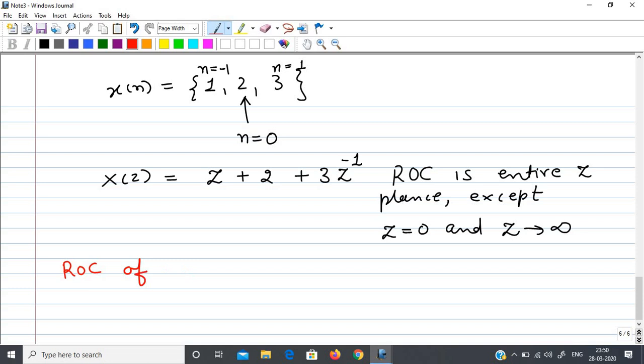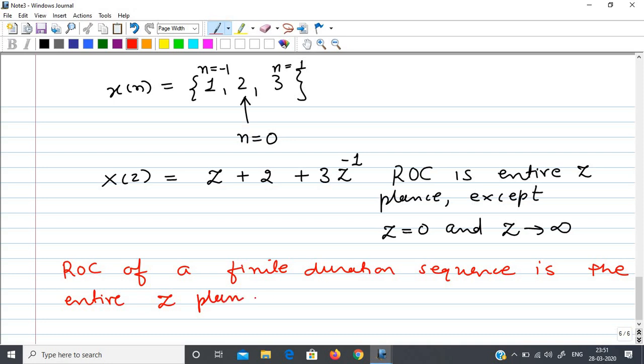The ROC of a finite duration sequence is the entire Z plane except possibly the points Z equals 0, Z tending to infinity, or both.